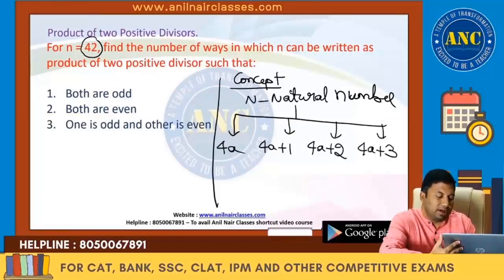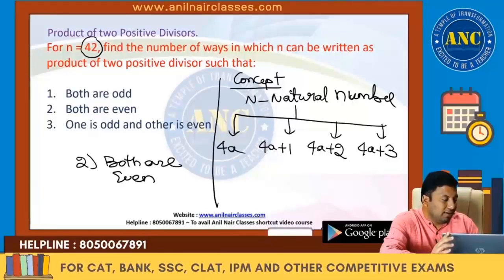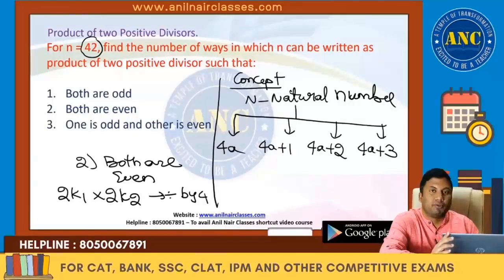If I take the case where both are even, if one number is 2k1, another number will be 2k2. So 2k1 into 2k2 means it is divisible by 4.